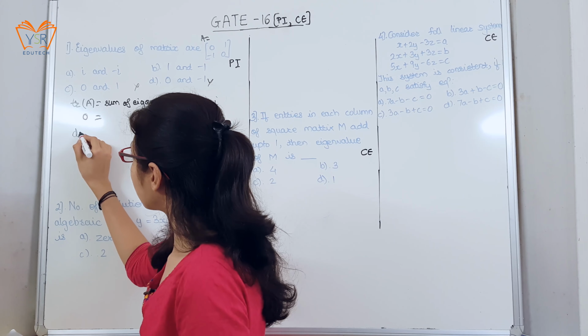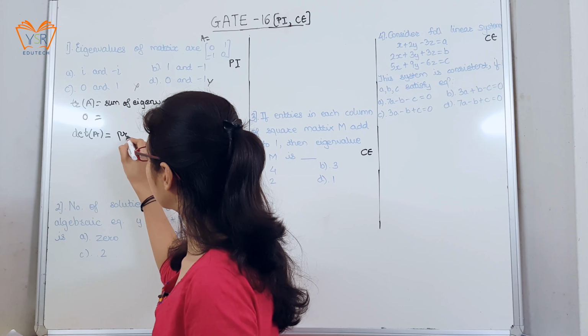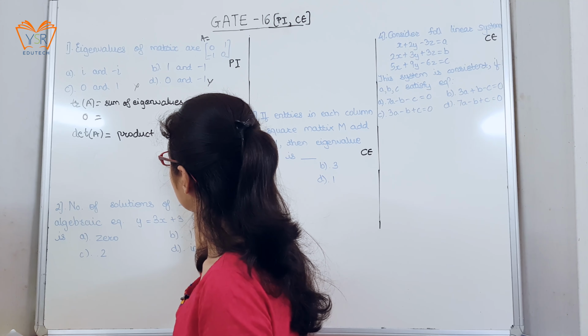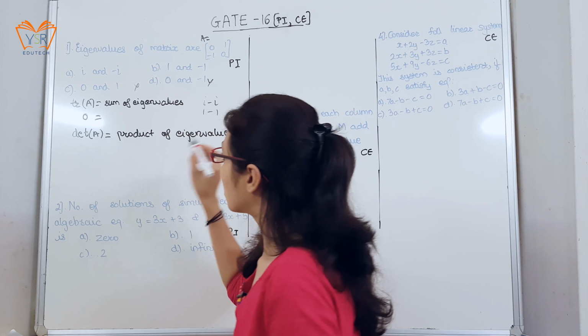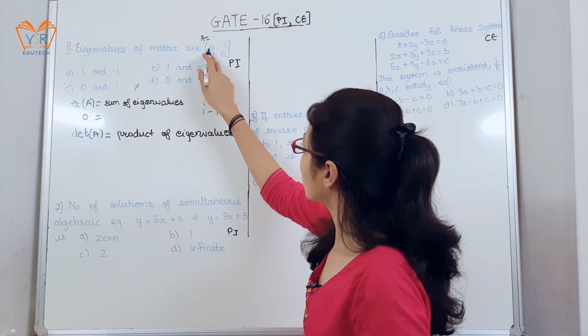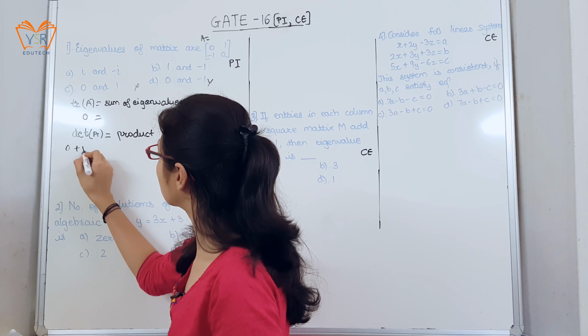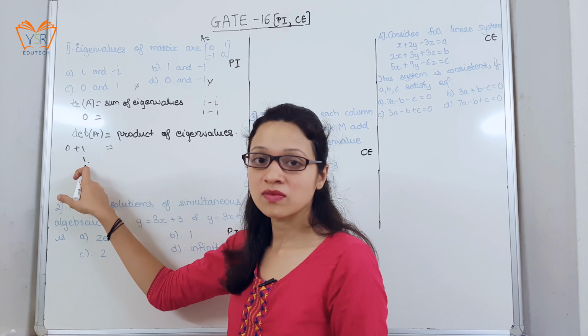We know that the determinant of A is equal to the product of eigenvalues. Now the determinant of A is 0 into 0, minus (1 into minus 1), so the determinant value is 1.